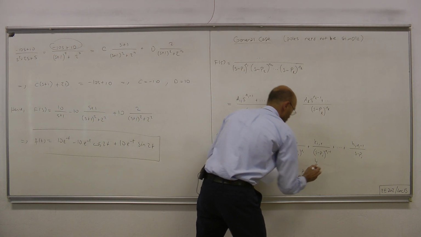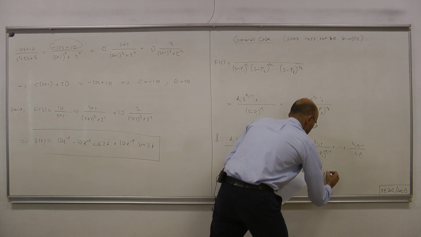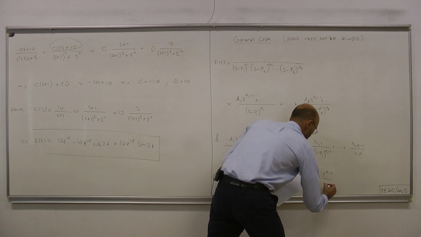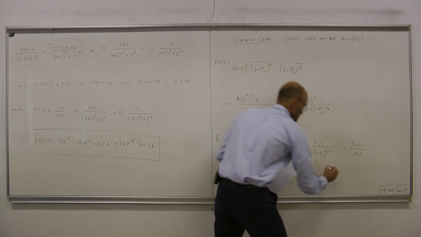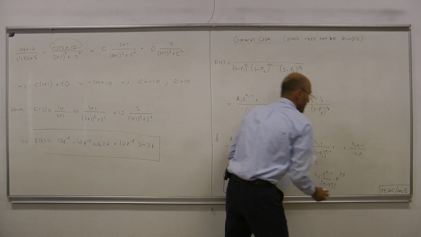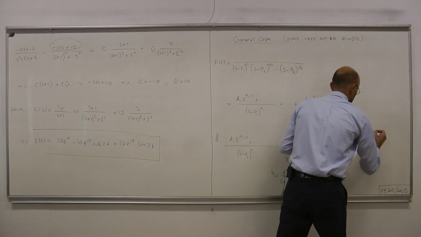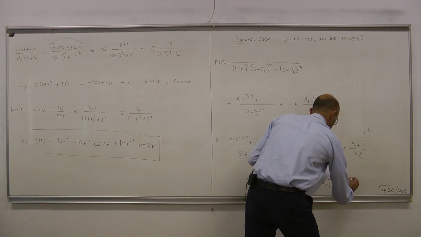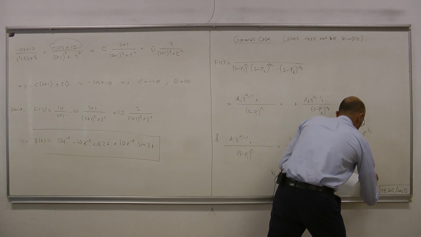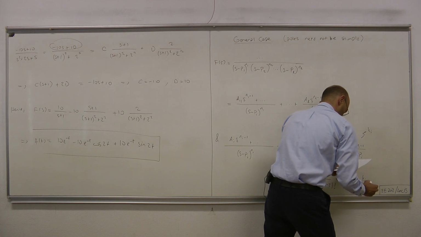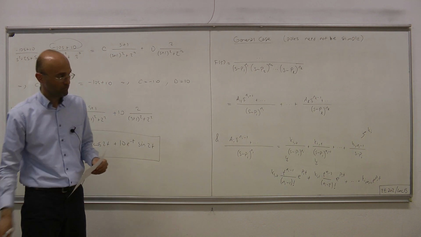And then this term produces Ki1 times t to the Ni minus 2 over (Ni minus 2) factorial times e to the pi t, and so on. This term produces Ki(Ni minus 1) e to the pi t. Okay.